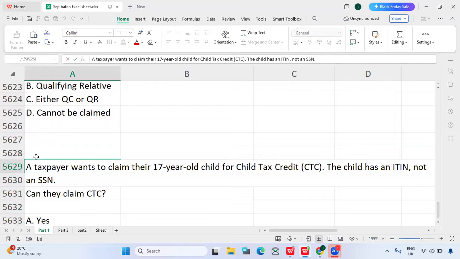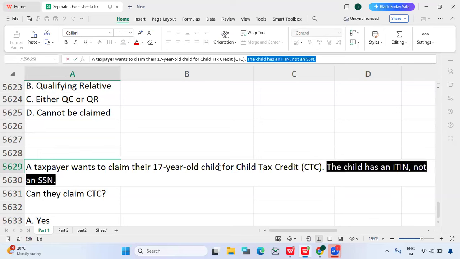Okay, so a taxpayer wants to claim a 17 years old child for the child tax credit. To claim the child tax credit, the dependent should have an SSN, Social Security number. We will cover this in unit 1, but for now remember the person should have an SSN.